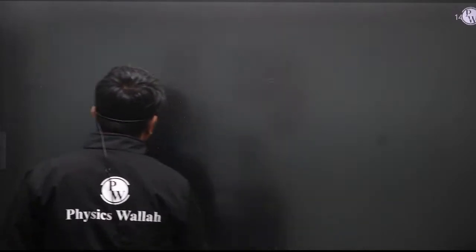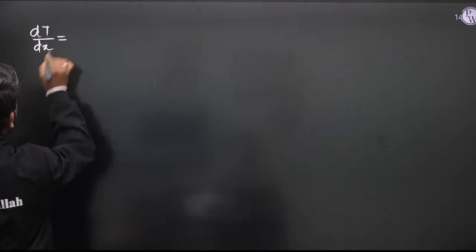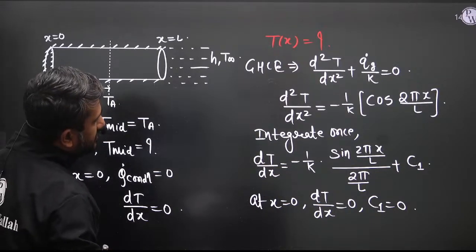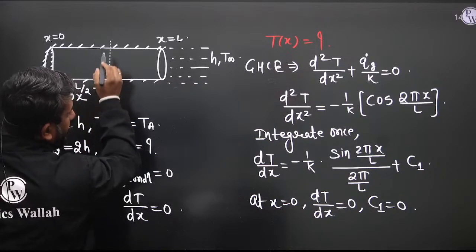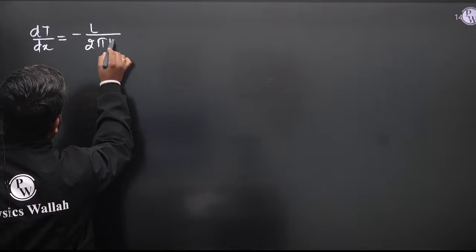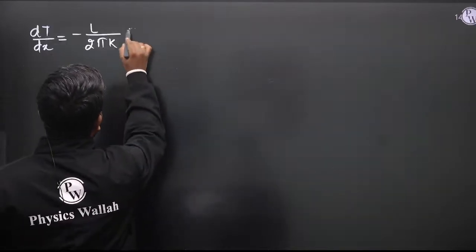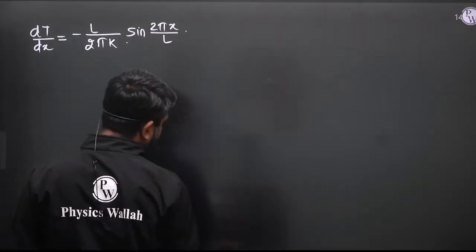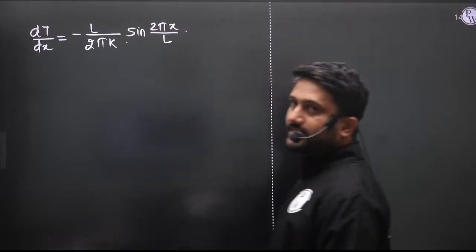So what you are getting is dT by dx is equal to minus 1 by K, or this is minus L by 2 pi K, correct? Minus L by 2 pi K sin 2 pi x by L. So this is the dT by dx.